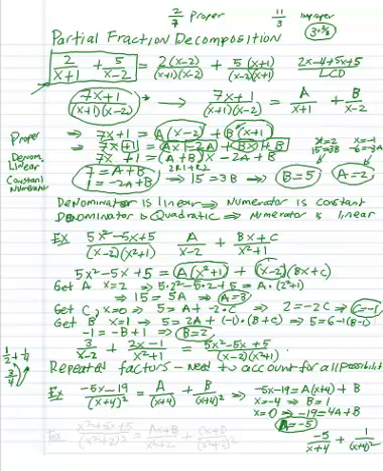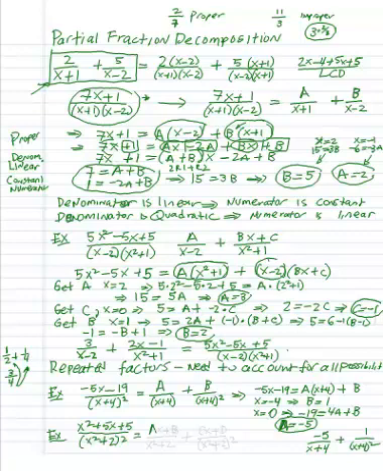And things get worse if we had a repeated quadratic term. So maybe we have something like this: x squared plus 5x plus 5 divided by x squared plus 2 squared. Well, I would have to have a linear factor for my numerator.